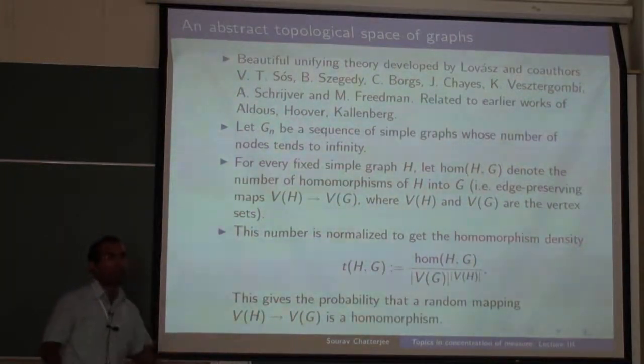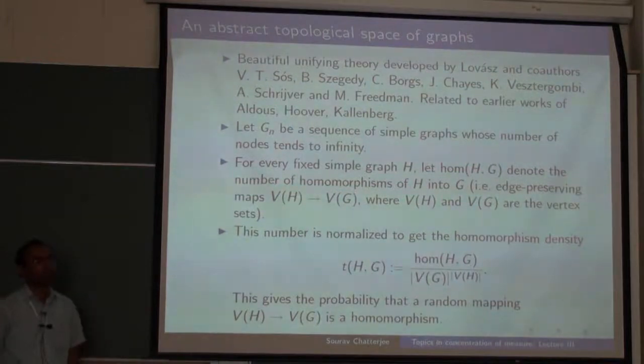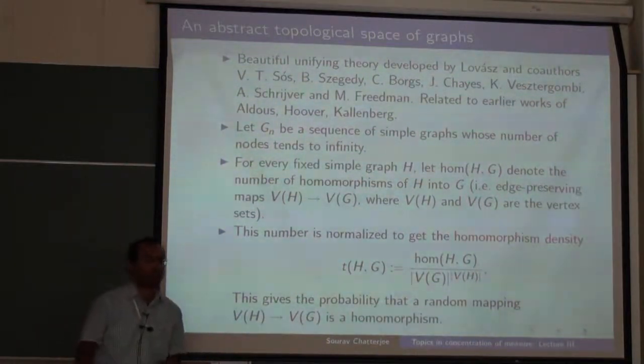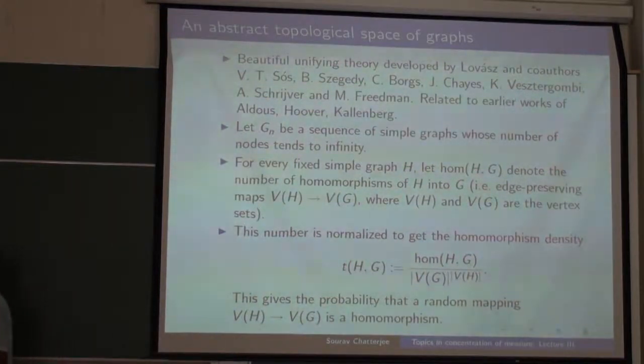Then you consider the number of copies and then you divide. So if H is a triangle, this should be like the number of triangles in G divided by n cubed times some constant. Is the definition of homomorphism density clear?